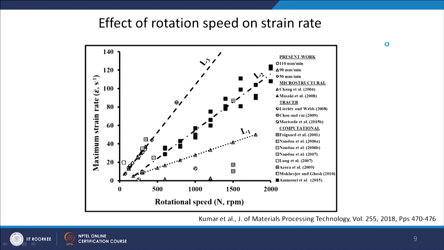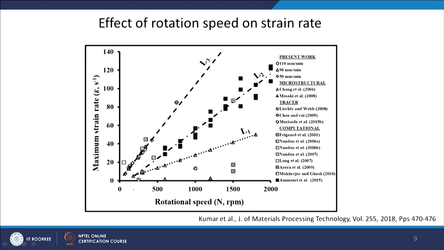There is another paper, where we found the strain rate reported by different people using microstructural analysis and computational work. You can see there is a wide variation in the strain rate reported in the literature. The rotation speed is shown on the x axis.